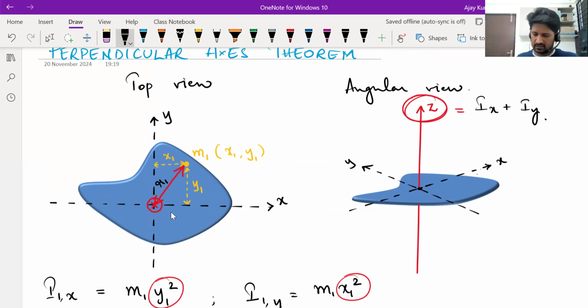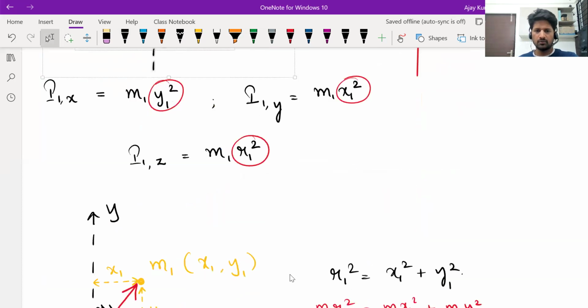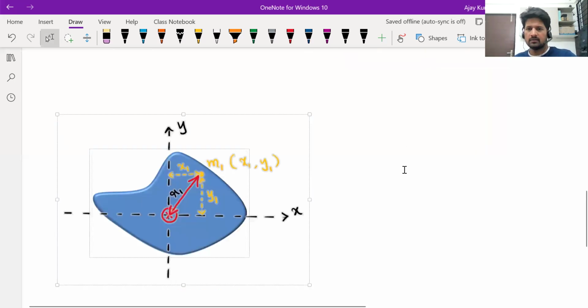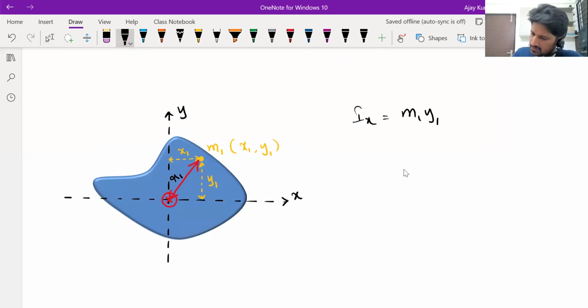Let's understand why it won't be valid. If you interchange, you'll get something like Ix is equal to Iy plus Iz. Let's see if that is true. Moment of inertia about the x-axis is m1 y1 square. About the y-axis it is m1 x1 square.